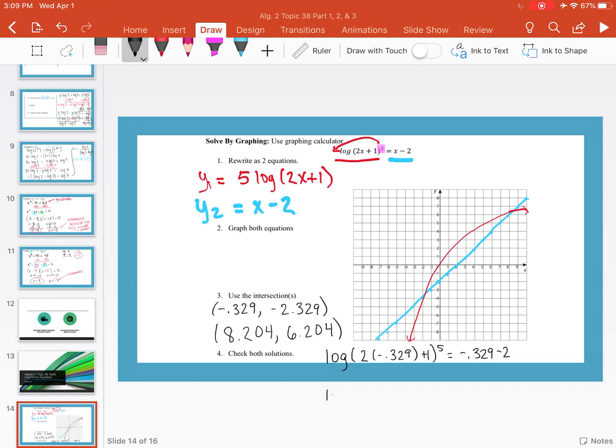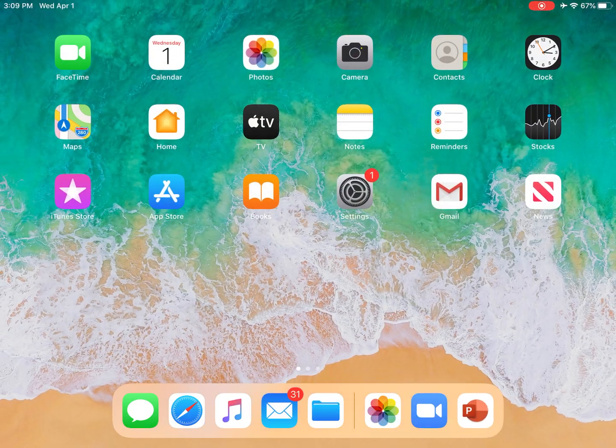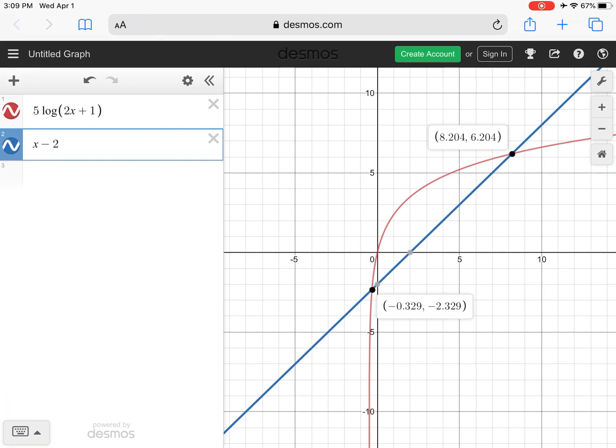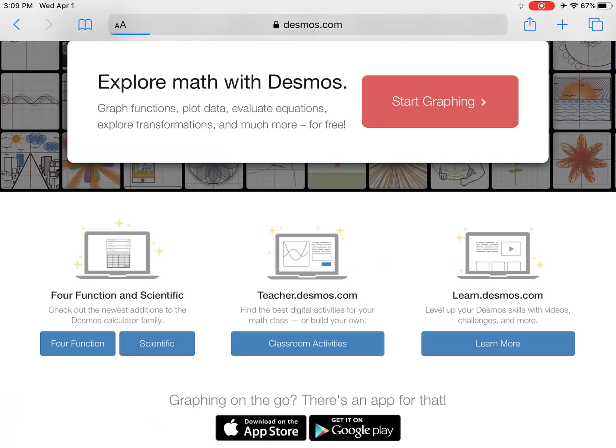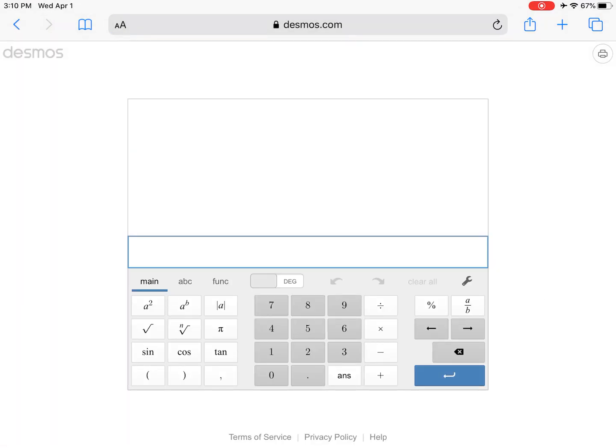And we'll also get log of (2 times 8.204 plus 1) to the 5th should equal 8.204 minus 2, just to make sure that they're balanced. So in order to do this, I'm going to go to Desmos and go to the scientific calculator.